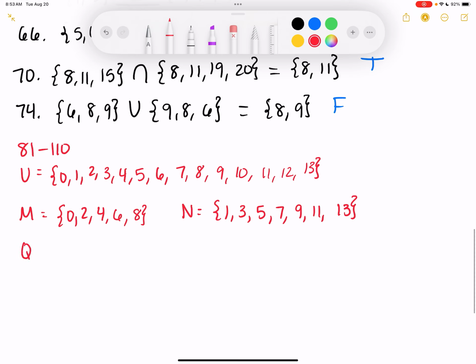Set Q is the set 0, 2, 4, 6, 8, 10, and 12. And lastly, set R is the set 0, 1, 2, 3, 4.